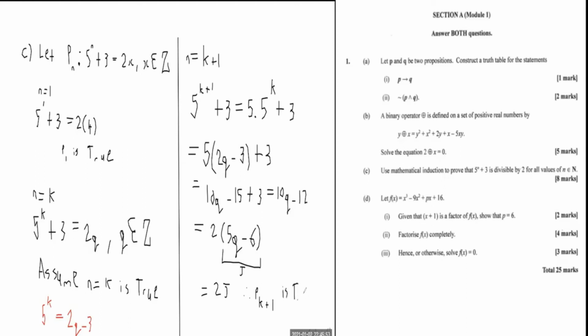Now, anytime you write that Pk plus 1 is true, you don't finish it. You always write a conclusion when you're doing mathematical induction. So you're going to write hence, by principles of mathematical induction, by PMI, we can say that the statement Pn is true for all n an element of natural numbers.